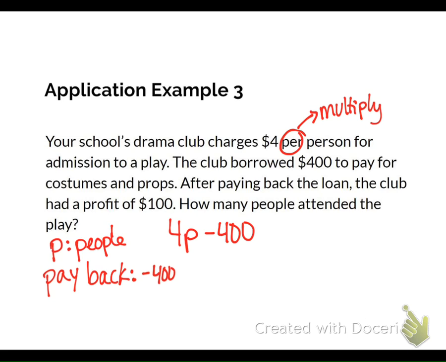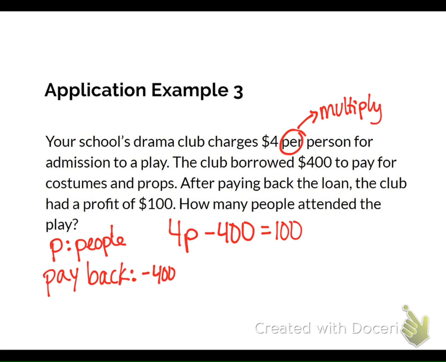After all of that happened, we had a profit of $100. So after this occurs, what we end up with is 100. Okay, so the money we made is 4p minus the money that we had to pay back, the 400, leaves us with our profit.